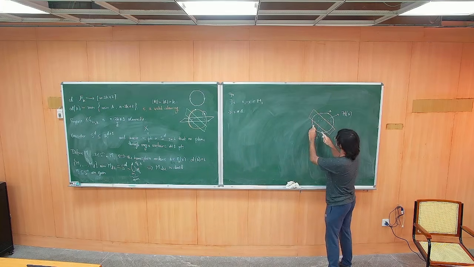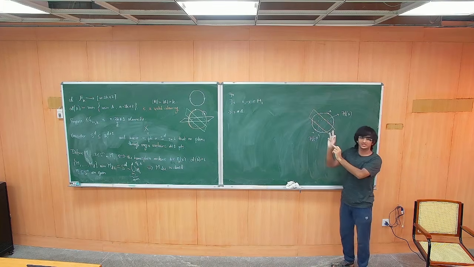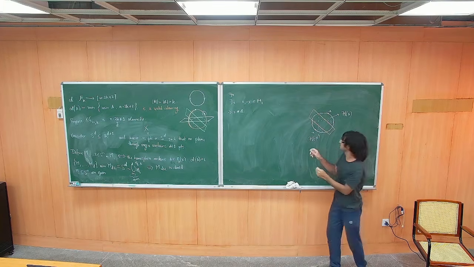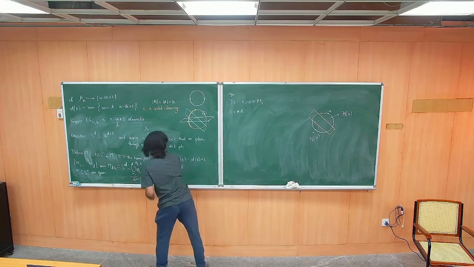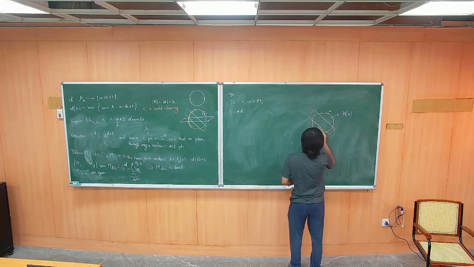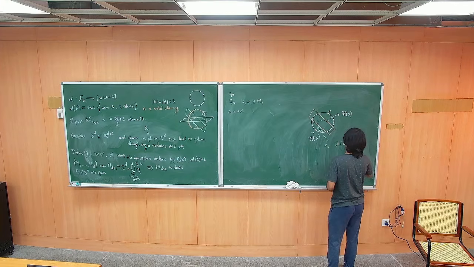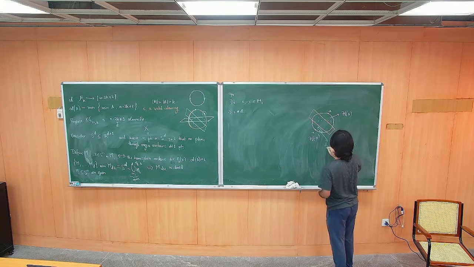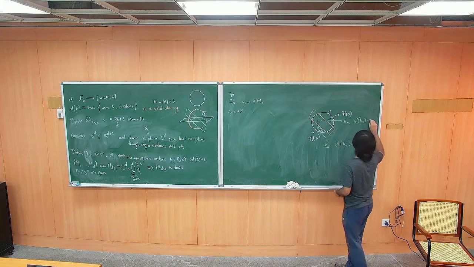That must mean there is a k-size subset here and a k-size subset here having the same color, because the ith color. So there is some A minus x such that the coloring of A minus x is i, and there is some Ax such that the coloring of Ax is i.